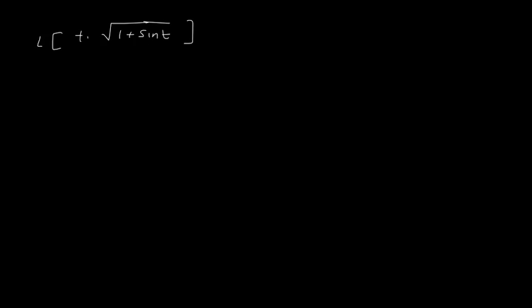So let us first understand what is this root of 1 plus sin t. So 1 plus sin 2 theta is cos theta plus sin theta the whole square. Okay, if you expand you will get cos square theta plus sin square theta, which is 1, plus 2 sin theta cos theta, which is sin 2 theta.